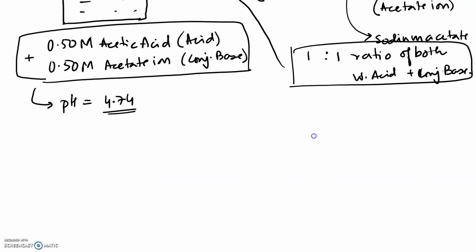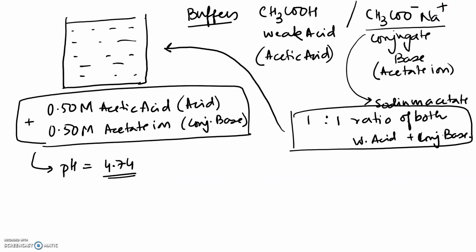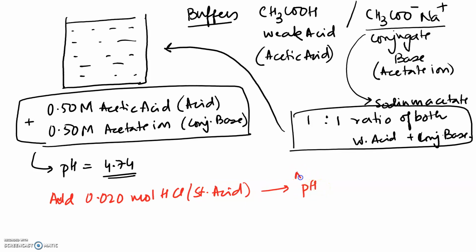Okay, at this point in time, if you add the same 0.020 moles of HCl, which is your strong acid, to that solution, the new pH of the solution is only 4.70, so it barely changes.